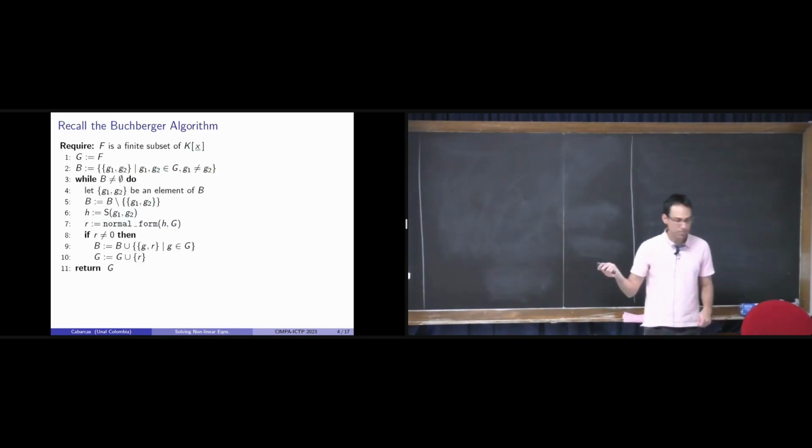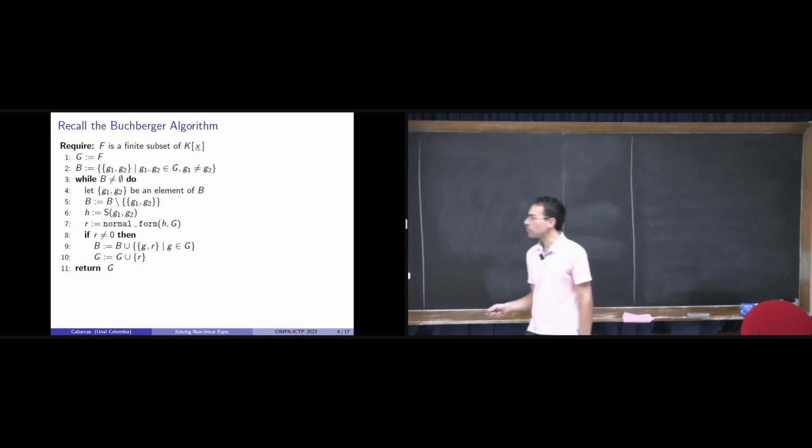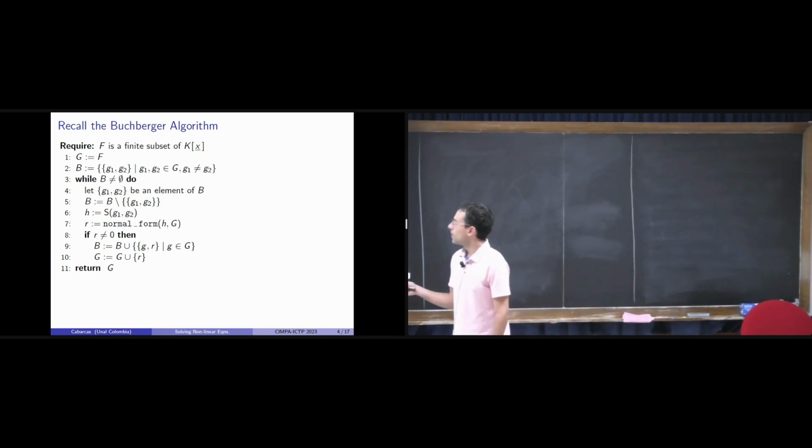So let's recall the Buchberger algorithm to compute a Groebner basis. Remember that we started with a basis F for the ideal.